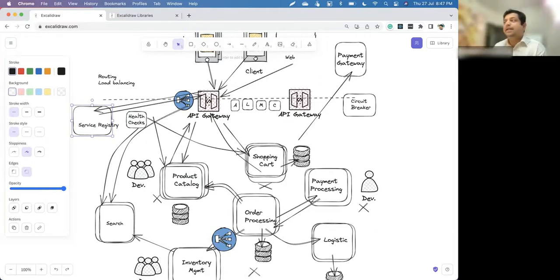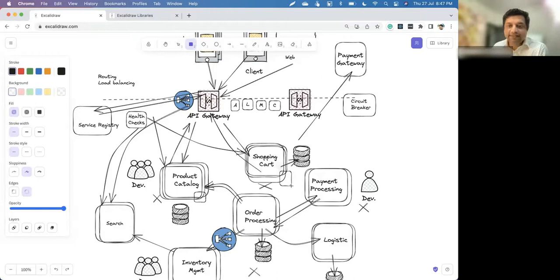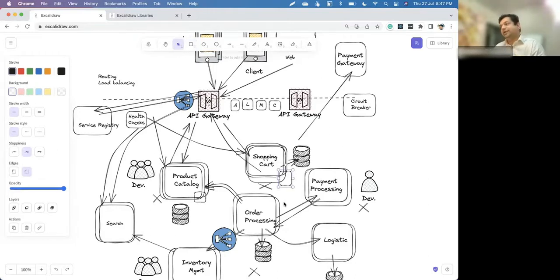Each service maintains its own registry, so each service may have one registry where it maintains what all services are available, right? Mostly we use the server-side service registry.